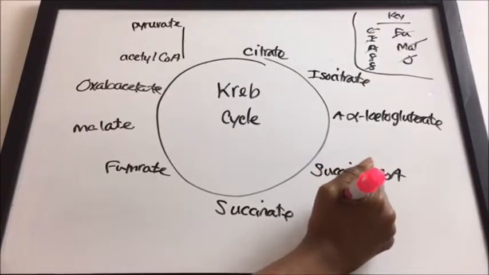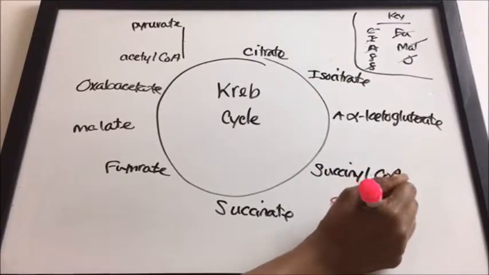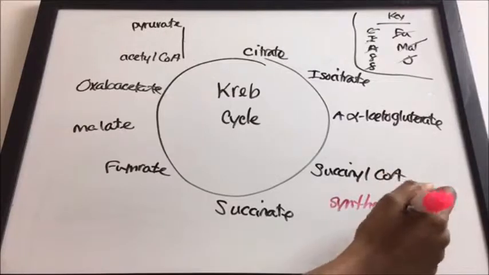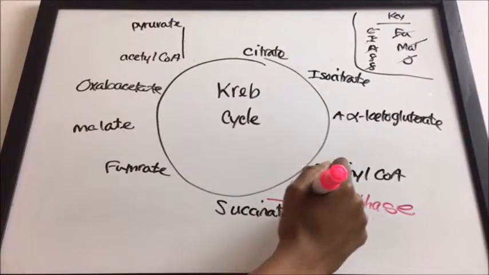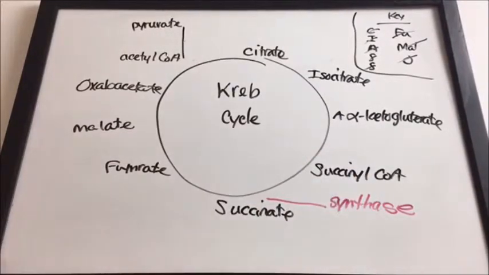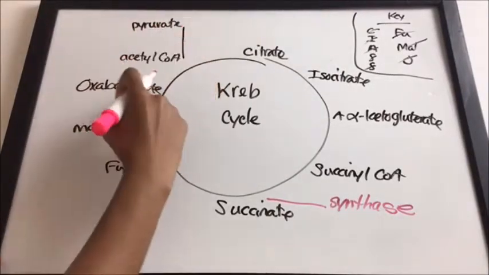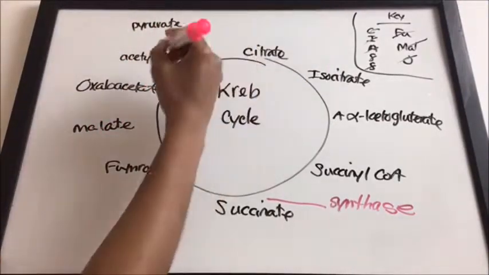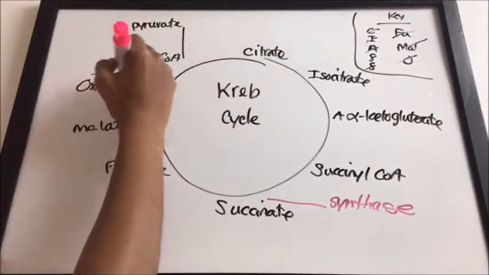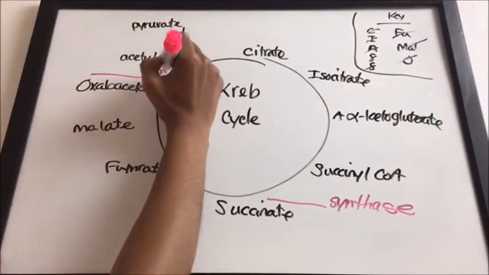So we're going to write synthase here and then leave the name blank. And then our other synthase is here between oxaloacetate and citrate. So we're going to leave a blank for the name and then synthase.